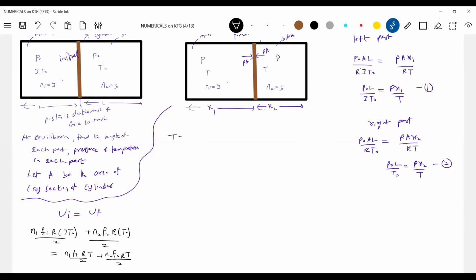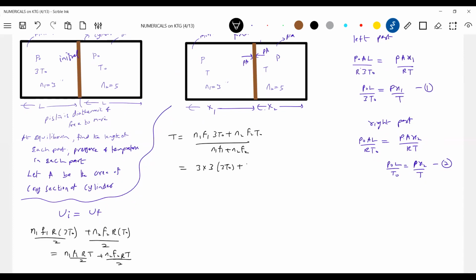So what is T equal to? Number of moles 3, degrees of freedom 3, monoatomic gas, temperature 3 T naught.